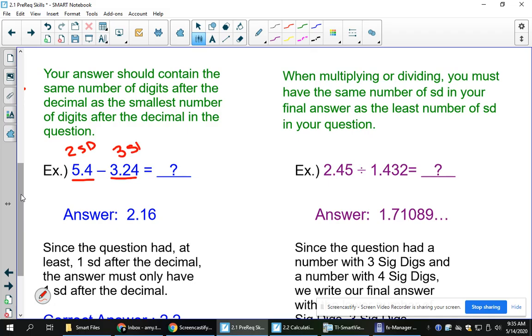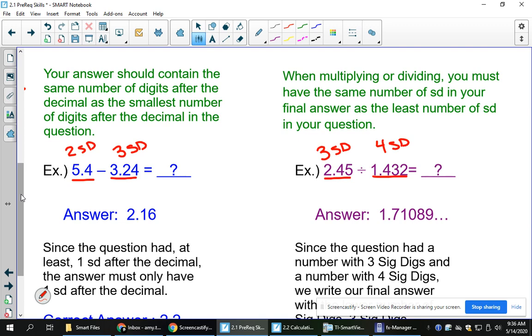I see 3 sig-digs. Let's keep practicing. How many sig-digs here? 3. How many here? 4. So all of these numbers were significant because none of them had any zeros at the front. So you just count all the digits.